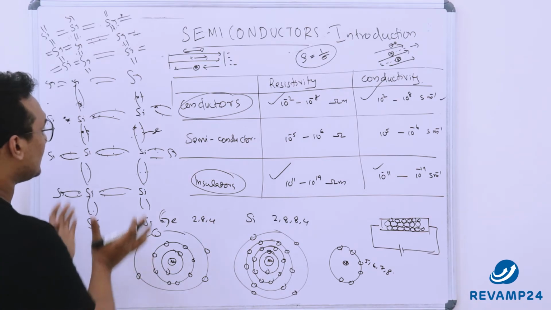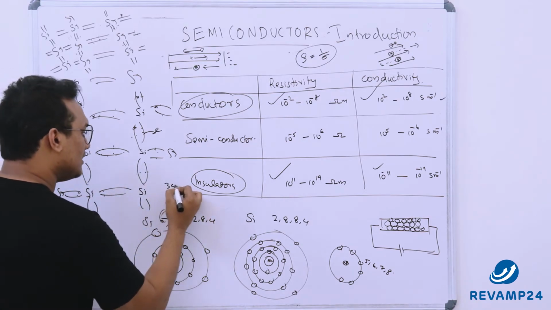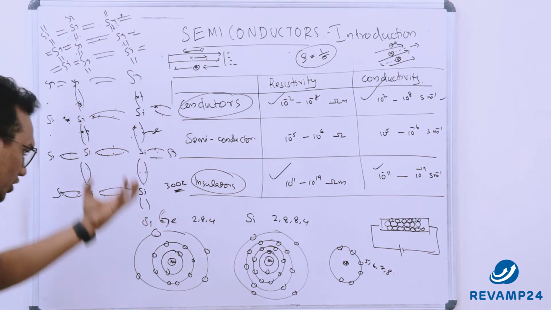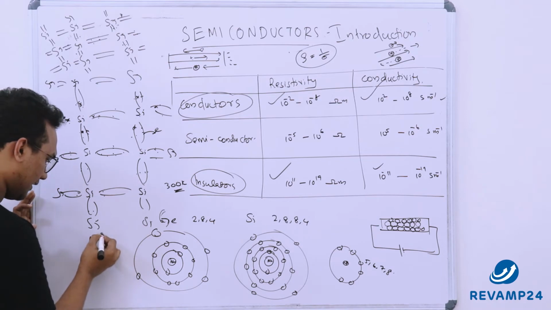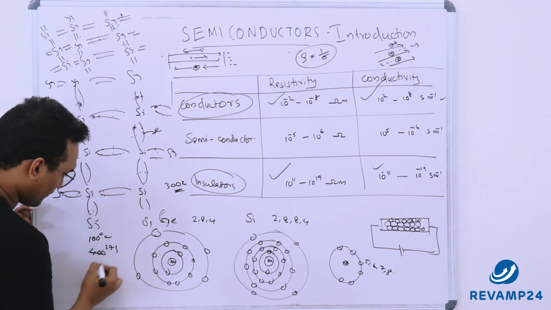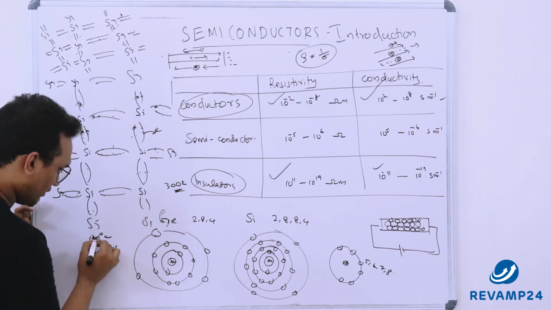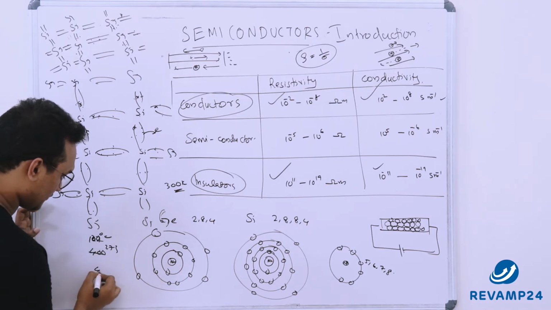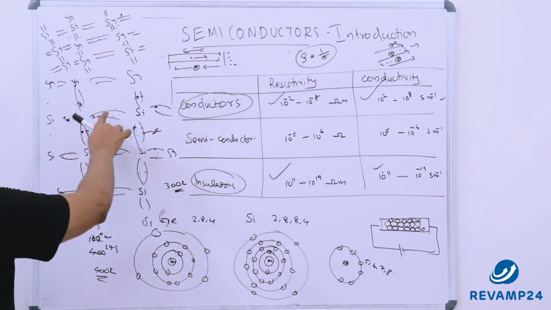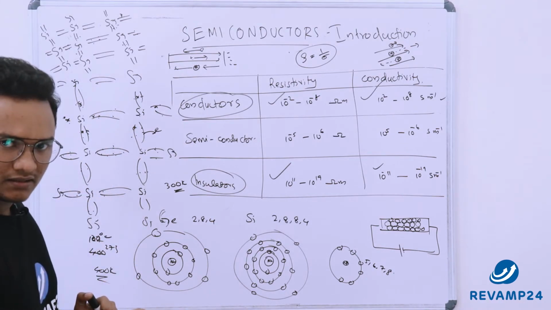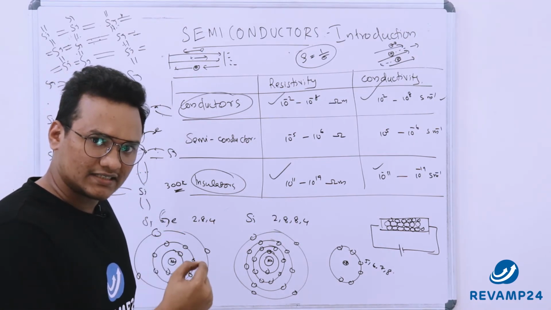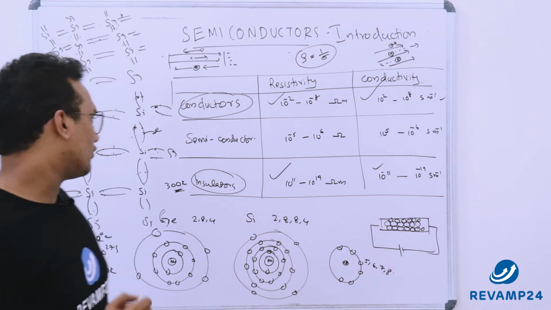But when we are heating, even at 300 Kelvin there would be some electrons generated, but say I am going to heat it to 100 degrees Celsius. 100 plus 273 is 373, say 400 Kelvin for example. Now at higher temperature, these electrons will get energy to move from their position, from the shared condition, and become free.